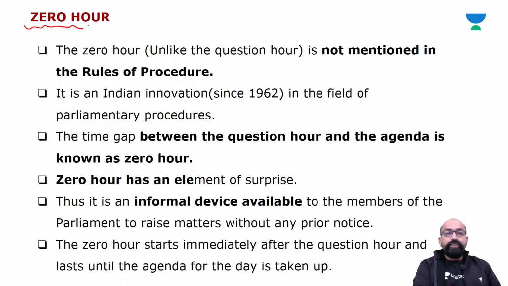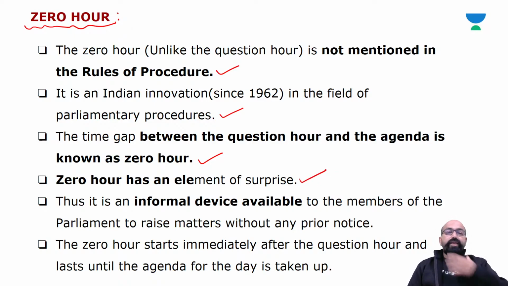Now we'll see Zero Hour. Yes, the Zero Hour is not mentioned in the rules of procedure. It is an Indian innovation since 1962 in the field of parliamentary procedures. The time gap between the question hour and the agenda is known as Zero Hour. Zero Hour has an element of surprise.